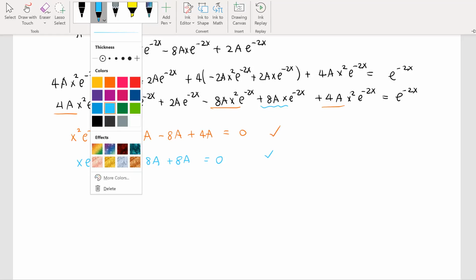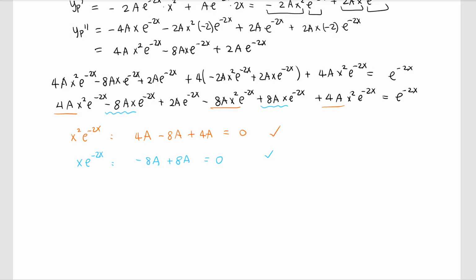That's why for the other two equations we just get 0 equals 0. Okay, and then we have e to the negative 2x. So we have 2a equals 1. So a is 1/2. So finally, we get a is 1/2.